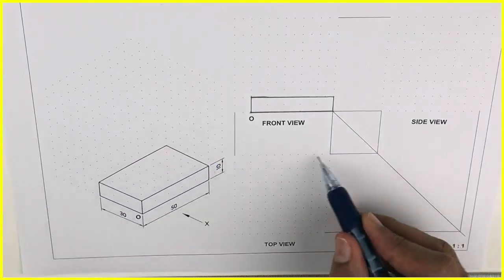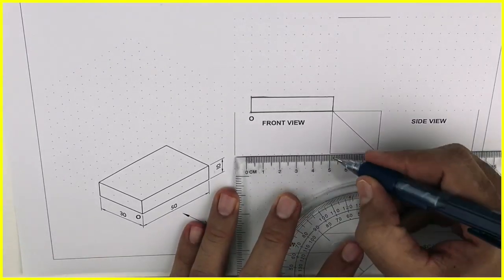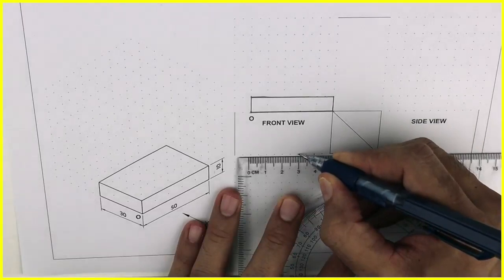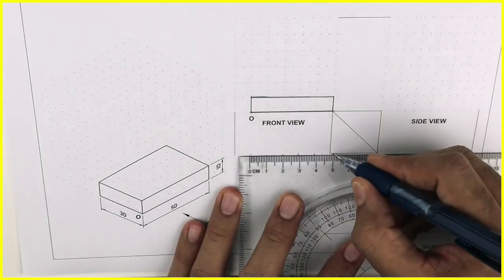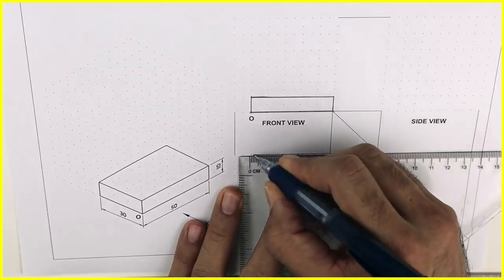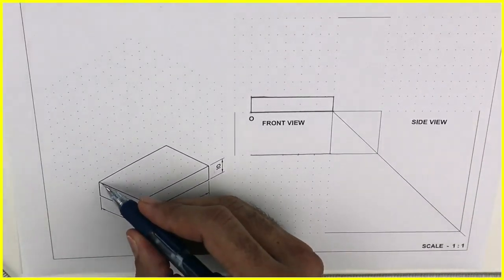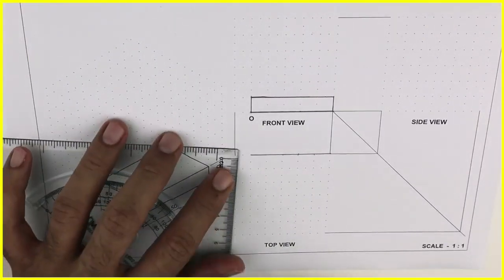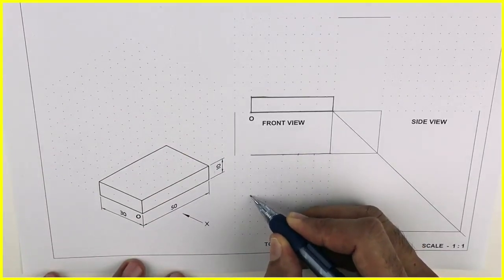So we'll draw this first, 50. Now see, this is 30 width. So that we have to take down, 10, 20 and 30.